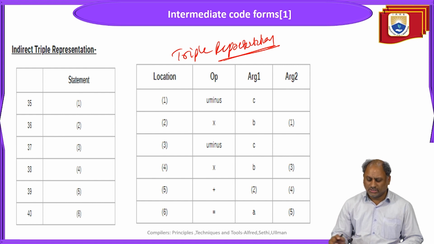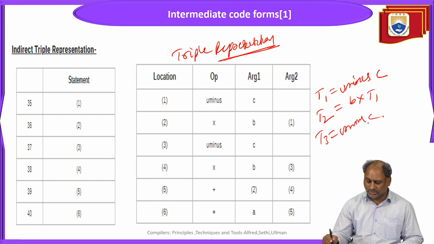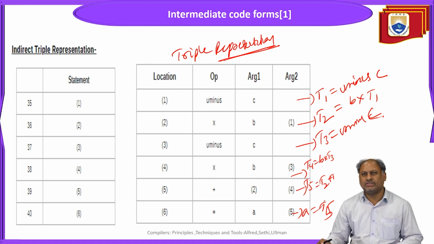That is T1 equal to unary minus C, then B into T1 equal to T2, T3 equal to unary minus C, and here T4 equal to B into T3, T5 equal to T2 plus T4, and A equal to T5. So these are the listed three address statements for each of the row entries.